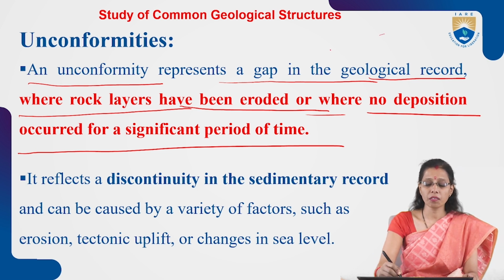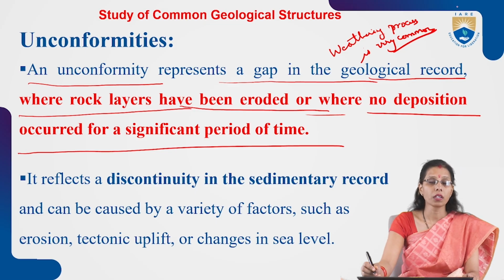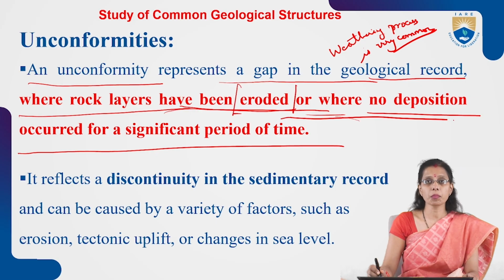Suppose the weathering process is very common with all types of rock. But sometimes the layers have been eroded and there is no deposition. Once it is eroded, if no deposition occurs for a significant period of time, we call it an unconformity.